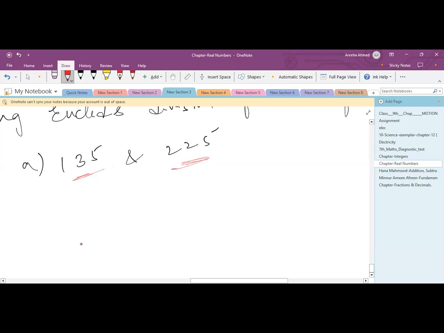So what I will do, tell me what will be the dividend? Of course, the bigger number, 225 divided by 135. Divide it and tell me, how will I write it? I will write it in the form of a is equal to bq plus r. Okay?